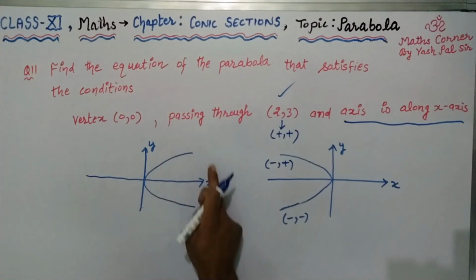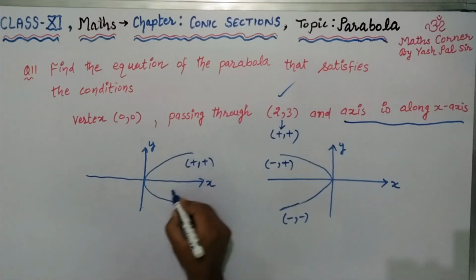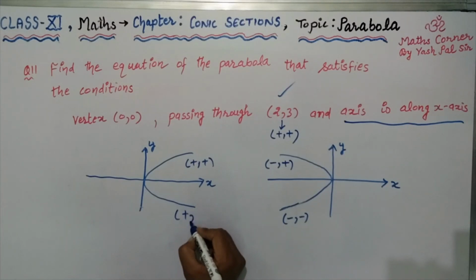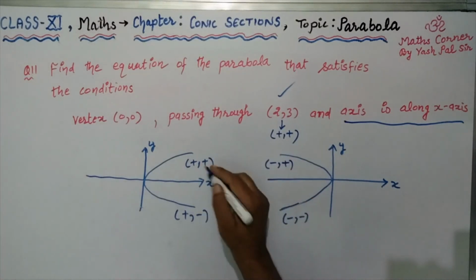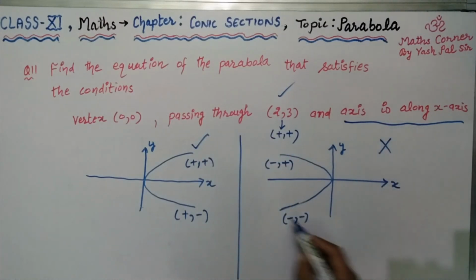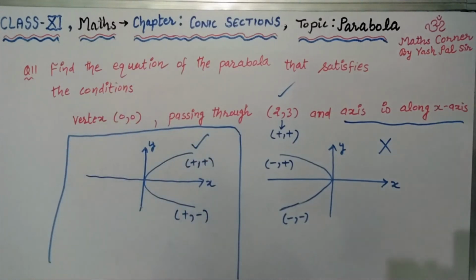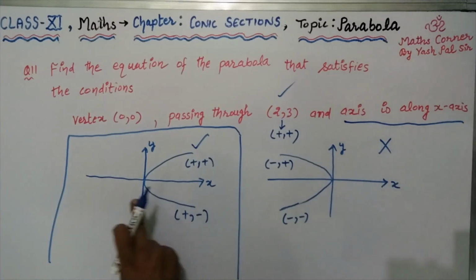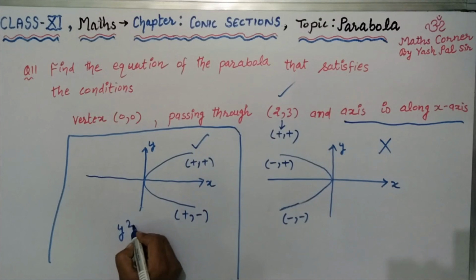In the third quadrant x is negative, y is also negative. But here we have positive, positive. The fourth quadrant has positive, negative. So since the parabola passes through this point, we reject the second type and we are left with only this type.